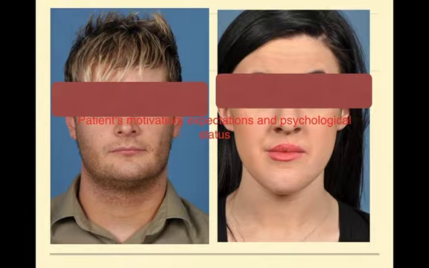However, we need to be sure about the patient's motivation, expectation, and psychological status. How is that? For example, if the patient wants to do an orthognathic surgery because he can't get a job, it means this patient is putting everything in his life on fixing only his look, and that he will then get a job, which of course is not the case. So the motivation should be very obvious, and the expectation as well.